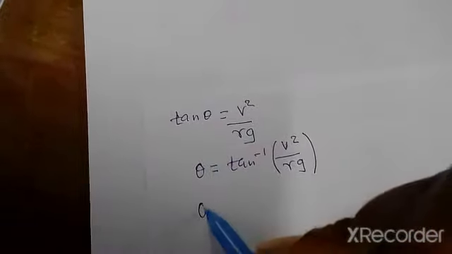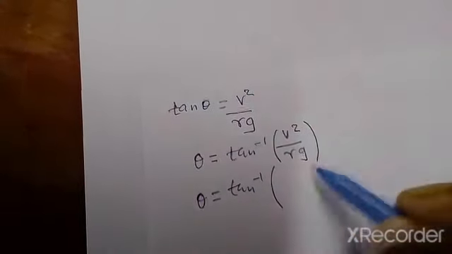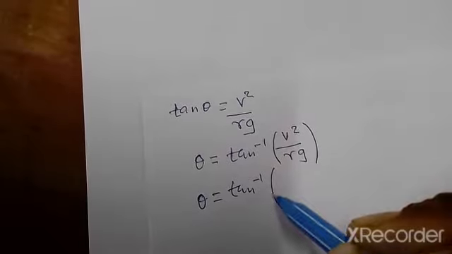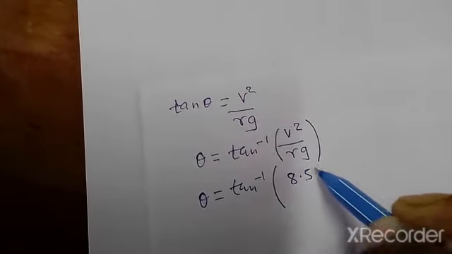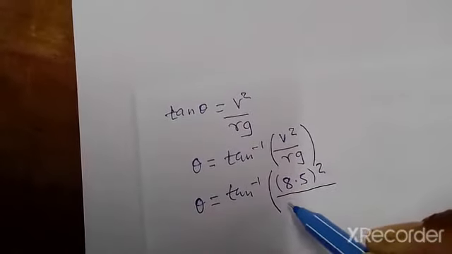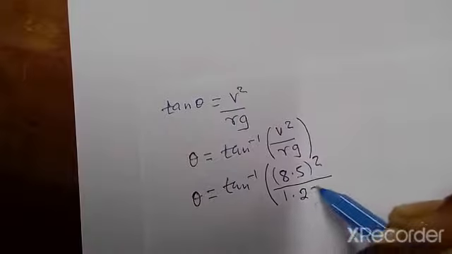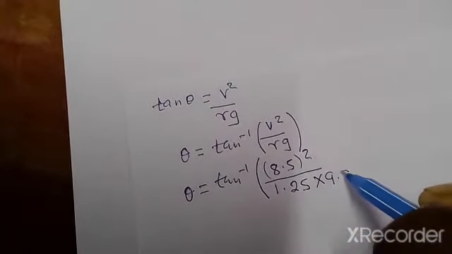So theta, if we substitute our values according to the values we've been given, we find that v is 8.5 squared, divided by our r, which is 1.25, multiplied by 9.81.